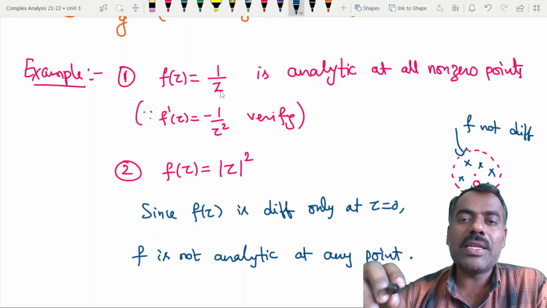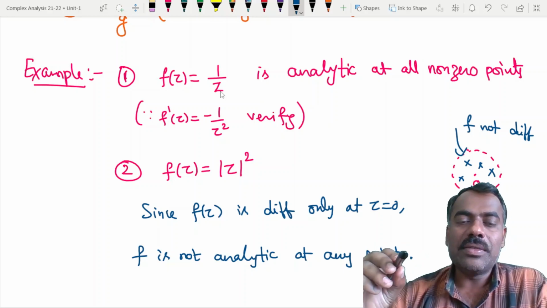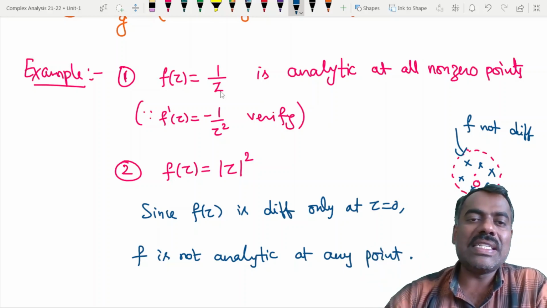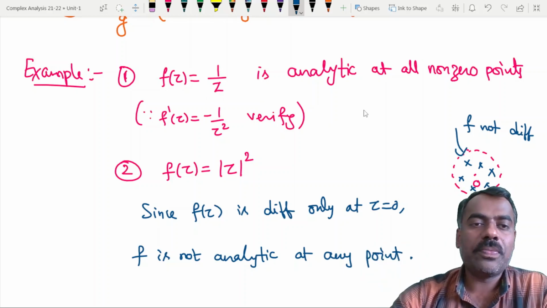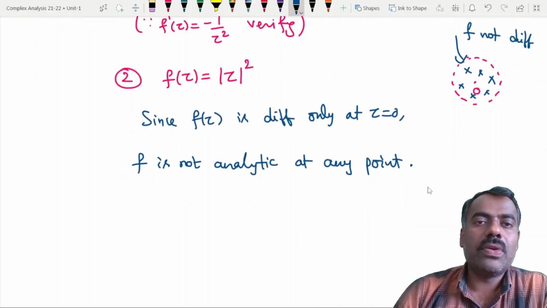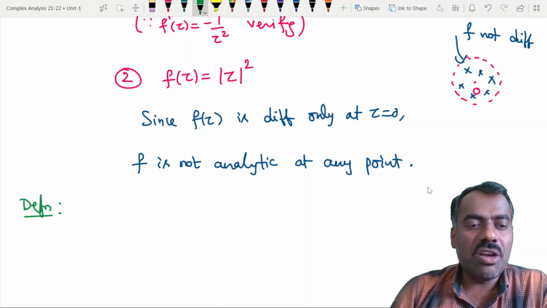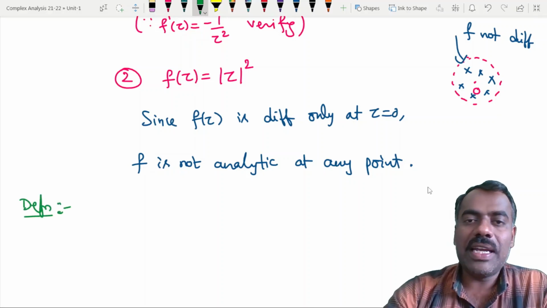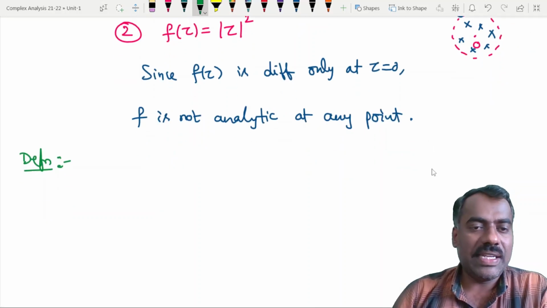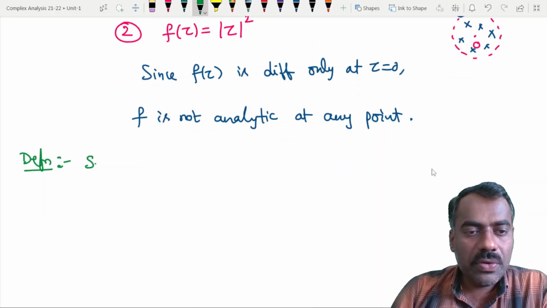Other than that point, you can find remaining places it is differentiable. Such points we will call singular points. We'll just define, and other properties we'll see later. That means what is meant by a singular point?